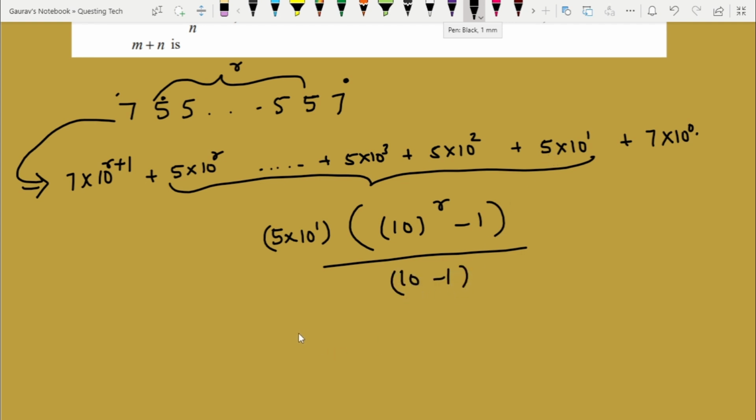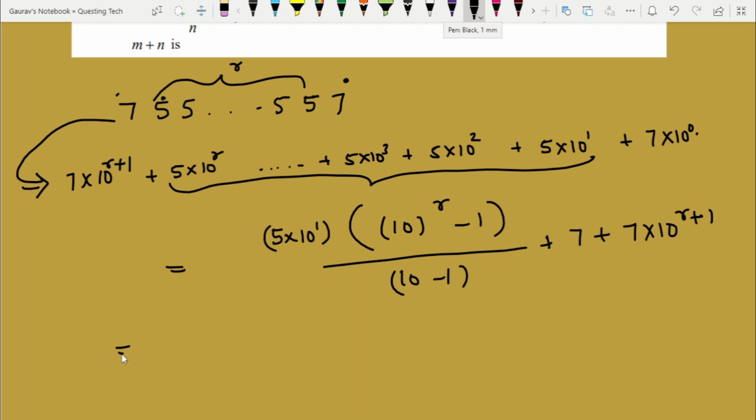Okay, so we represented this whole number like this, and by putting different values of r we can identify this number. Plus 7, since 10 raised to power 0 is 1, plus 7 multiplied by 10 raised to power r plus 1. Okay, sure.